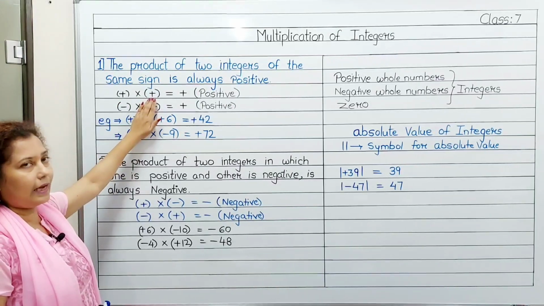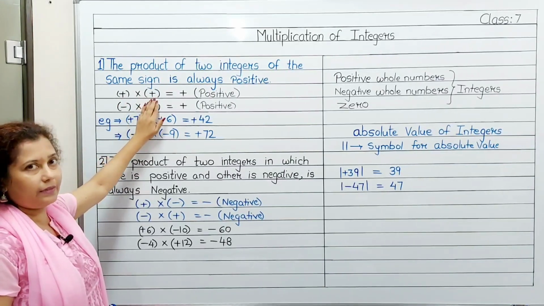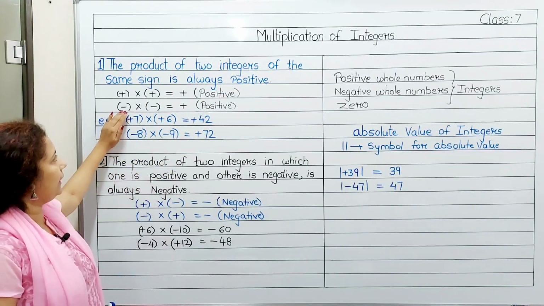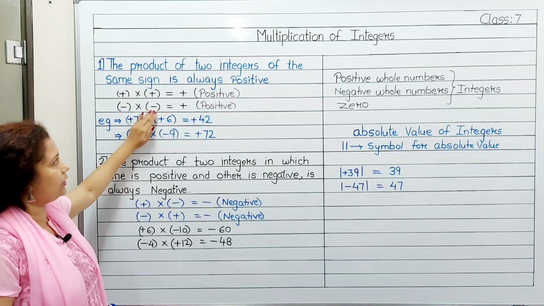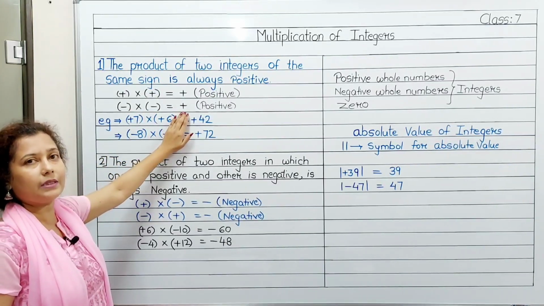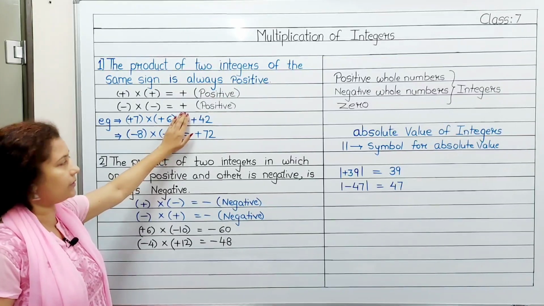Plus into plus, that means positive integer into positive integer, the result will be a positive integer. Negative integer and negative integer, when we multiply minus and minus, we get again a positive integer as a product.